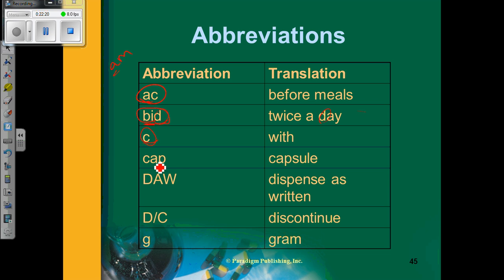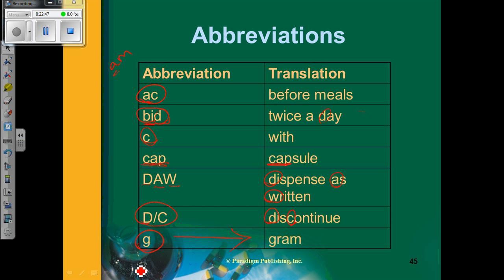Some of them you just have to memorize. Cap for capsule, just taking the first letter of the word. Dispense as written: D for dispense, A for as, W for written. Discontinue: D for dis, and C for continue. Discontinue.